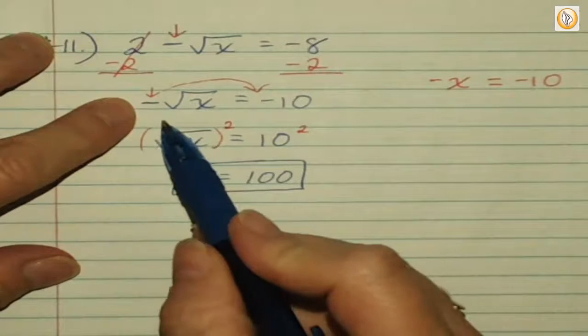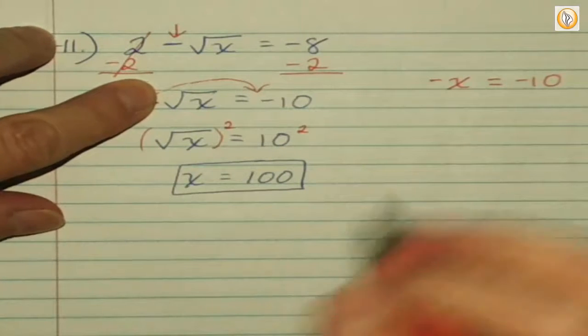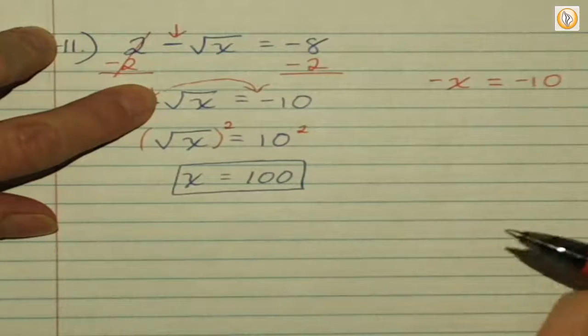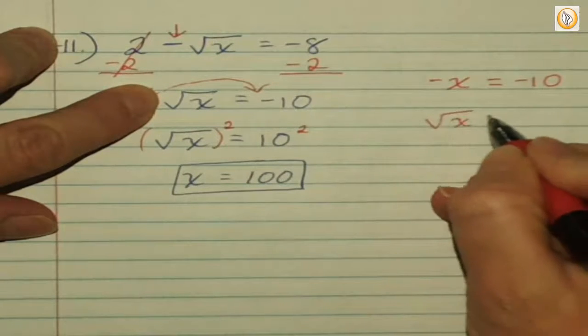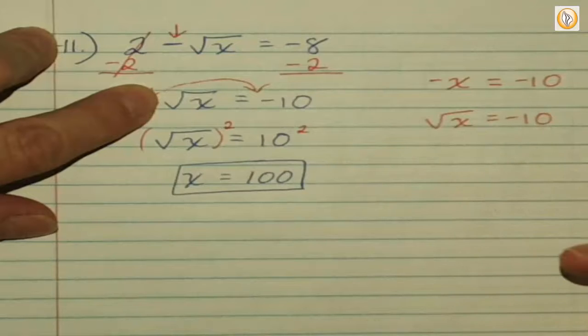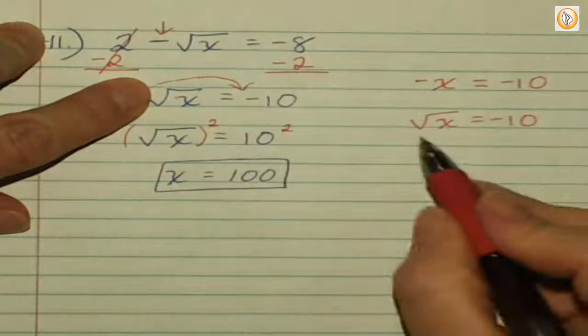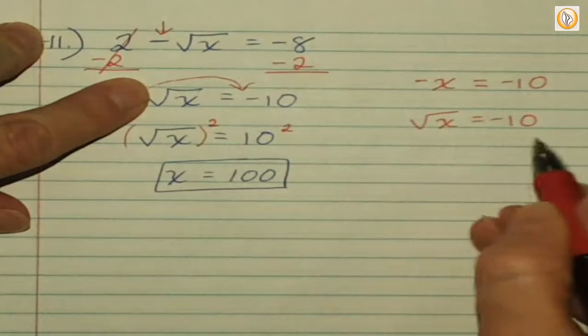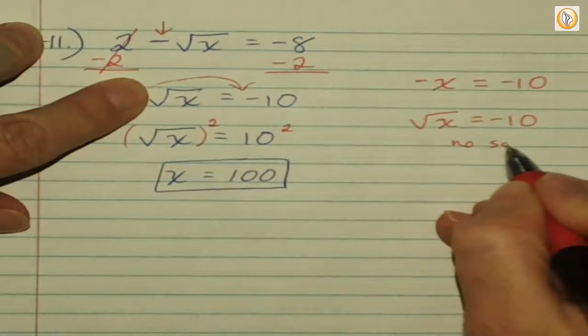So let's pretend this negative wasn't there. If that negative went on the outside and this is what we had, this is a no solution.